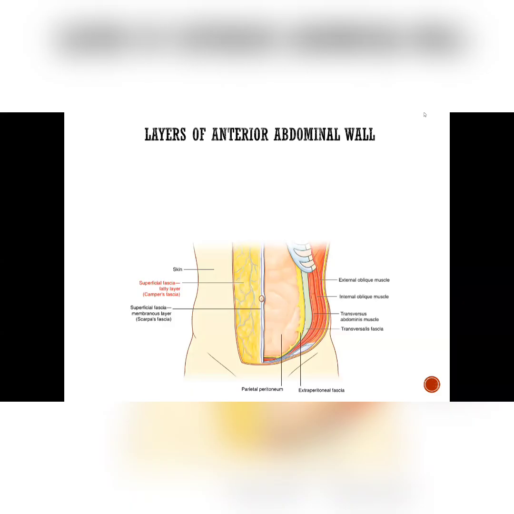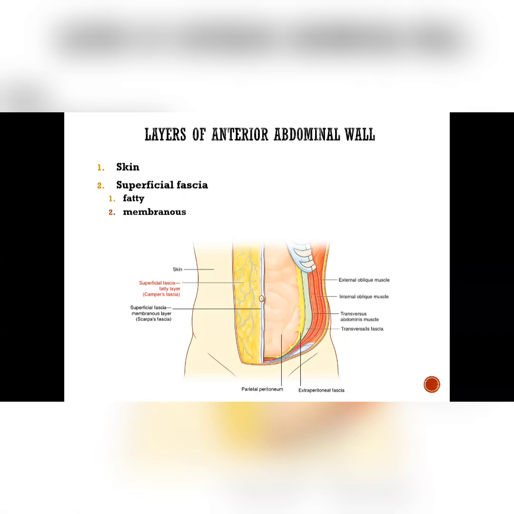Tell me, what are the superficial most layers of the anterior abdominal wall, as with any region in anatomy? Skin and superficial fascia. Yes, very good. So that's an easy start for you. The first 2 layers of the anterior abdominal wall are skin and superficial fascia.